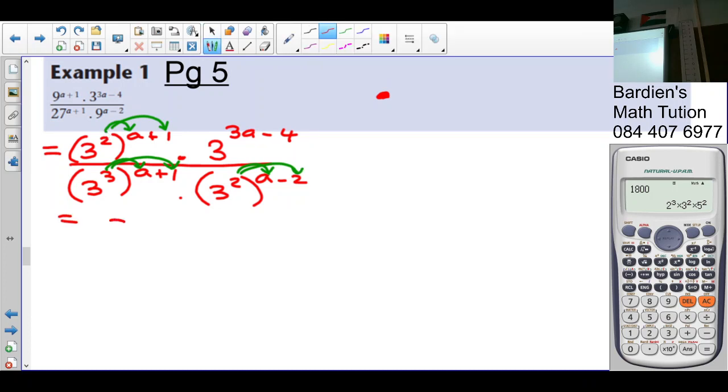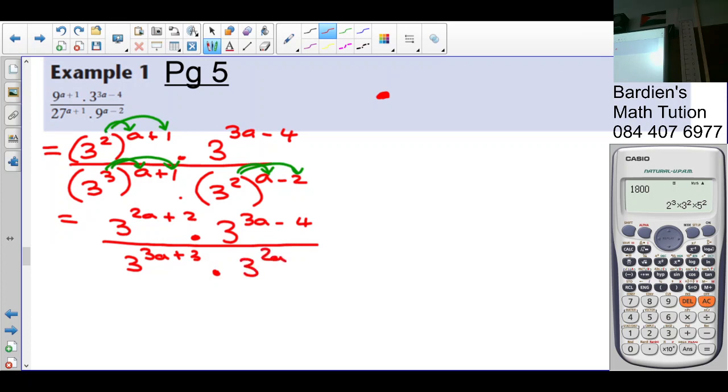So what do we get? 3 to the exponent 2a plus 2, times 3 to the 3a minus 4, over 3 to the 3a plus 3, times 3 to the minus 4. Any issues there? Any problems? Any confusion? No. The third bullet would be what?